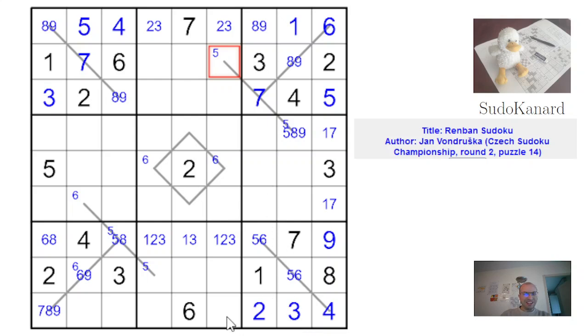What am I missing? I'm sure I did better than that during my solving process. 6, 7, 8, 9. There's a 4 here.